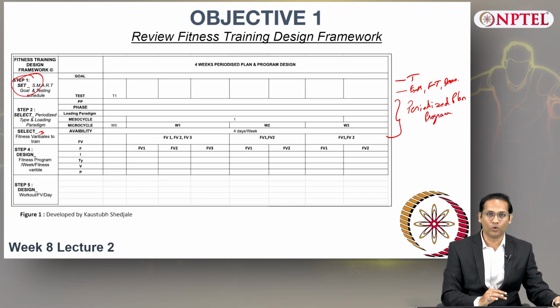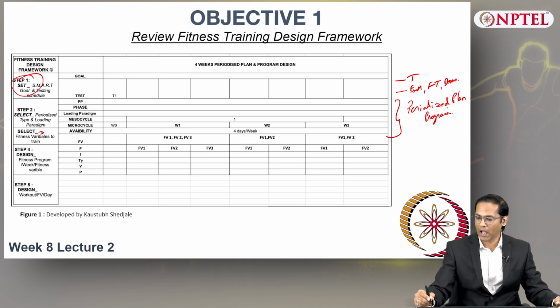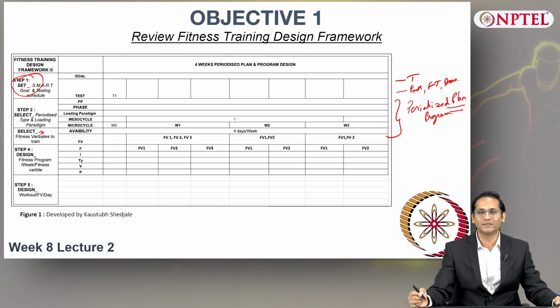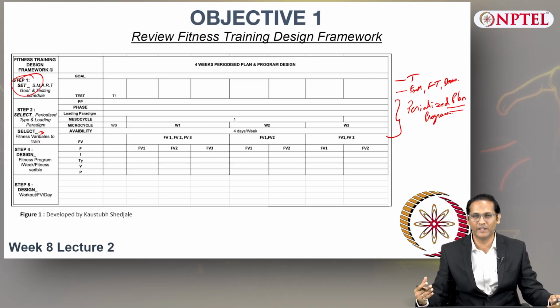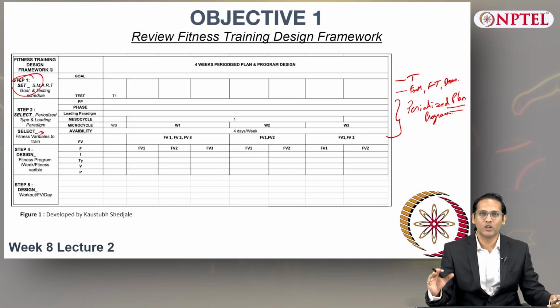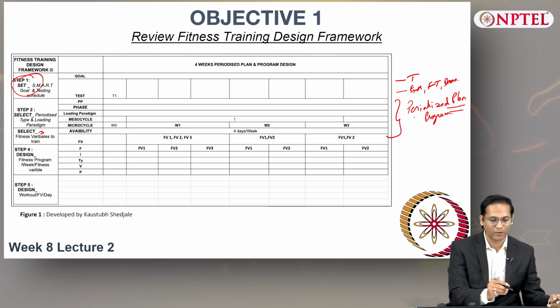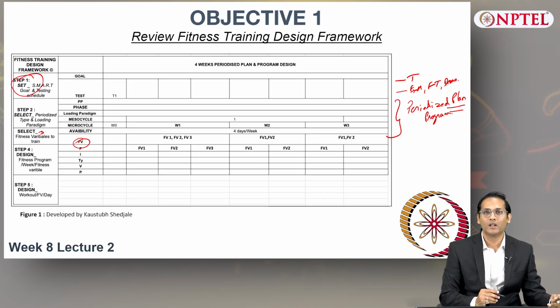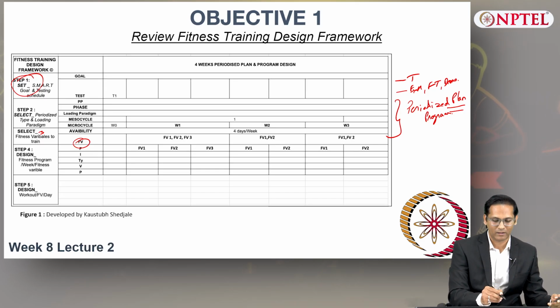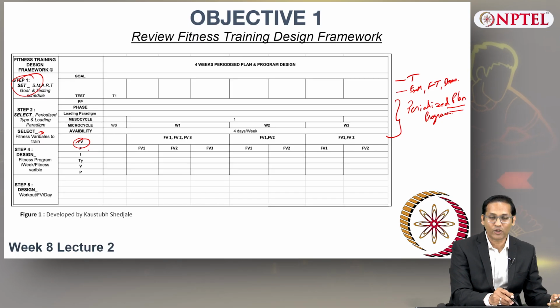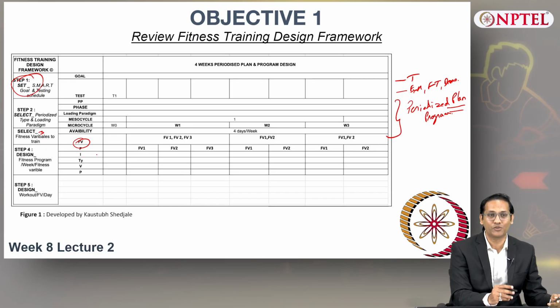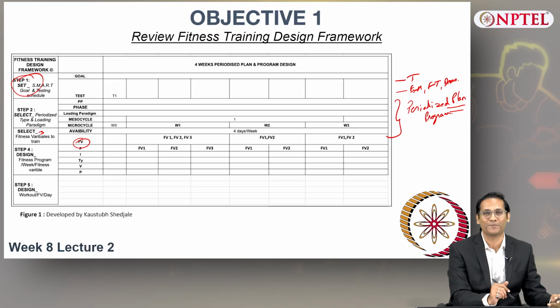Now in step number 4, you have the periodized plan, which means you have a time frame of 2 weeks or 3 weeks. Within that time frame, you know which fitness variable to train. Now you design a fitness program, which is manipulation of acute training variables: frequency, intensity, training method, volume and progression.